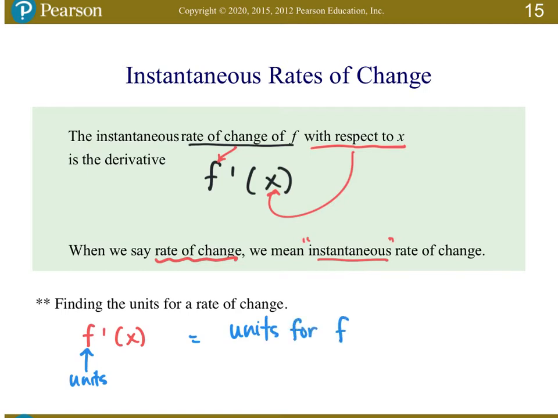So if that's measuring gallons, or apples, or meters, or whatever, then the units would go on the top, over, and then the units for that variable, the with respect to, so with respect to x, or whatever, those units will go on the bottom. So that's how you get meters over seconds. Meters would measure the variable on the outside, and then seconds would measure the variable on the inside.